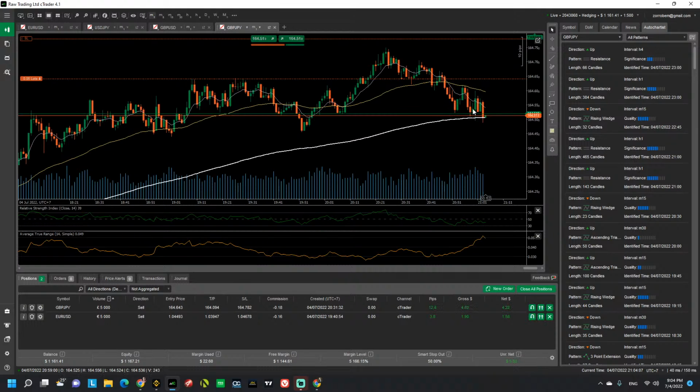There's one, two, three. So hopefully this fourth one breaks. Yeah. No, did not. Yeah, so this is now the barrier. So it's trying to break this. This is the support.